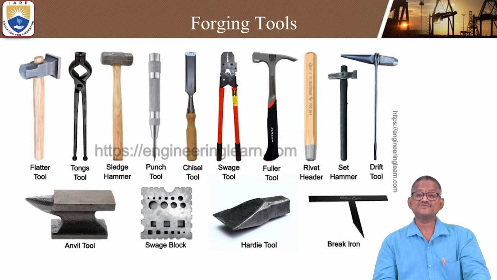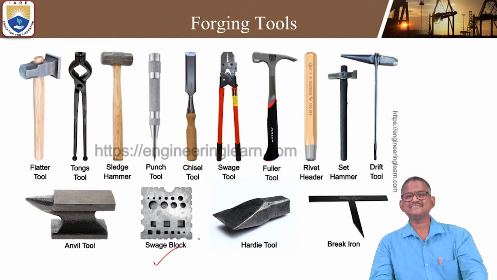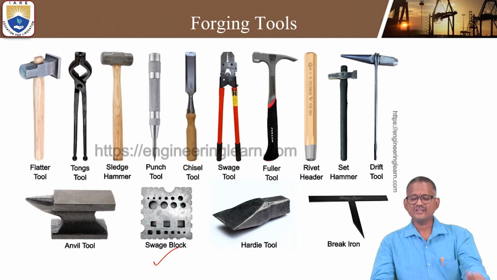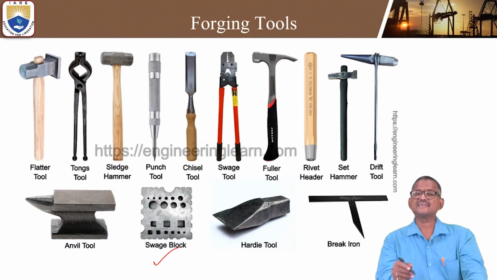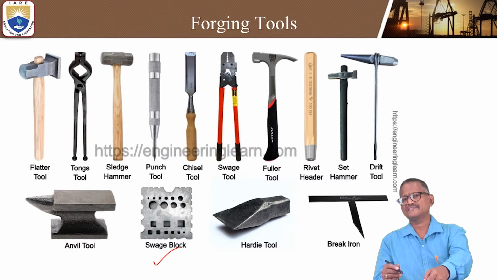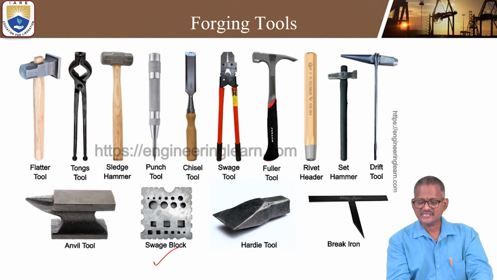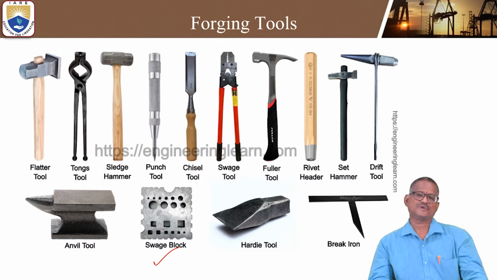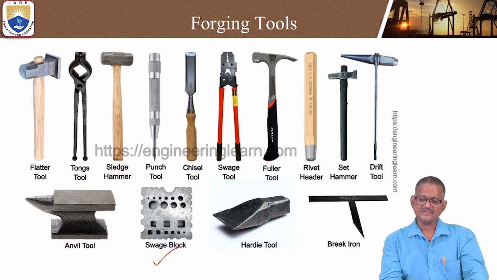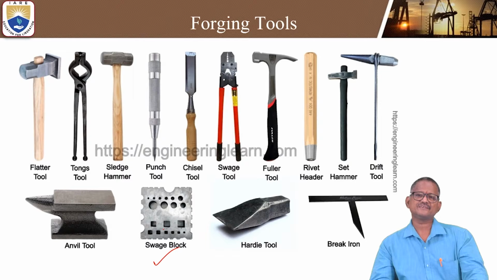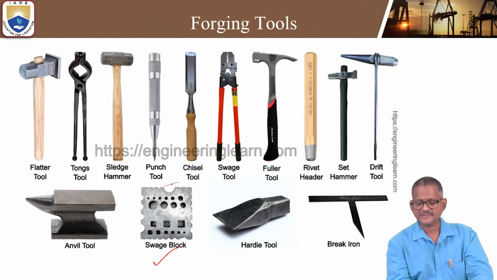And another thing is the swage block. Swage block is one of the main important forging tools, where you can perform circular, rectangular and square, any type of shape, by applying pressure, and the same form can be obtained. So multiple shapes and sizes of diameter are kept in the swage block. That's why they use it, and you can even see semicircular space also.